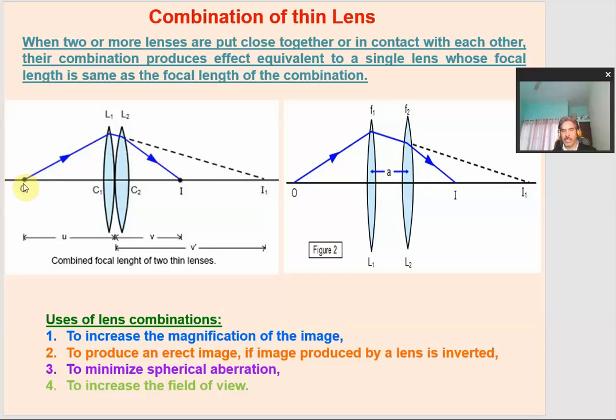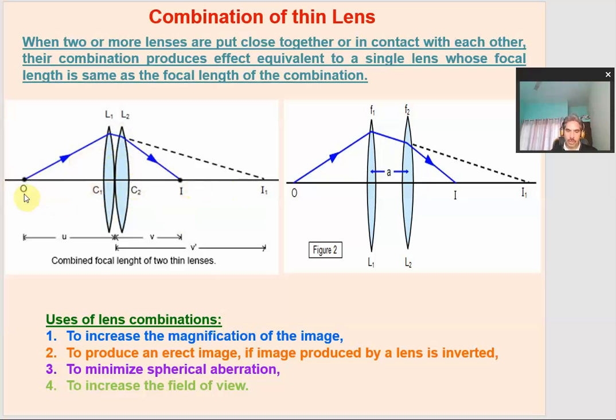We always place the lenses such that their principal axis is common, so that their optical centers are on the common principal axis. Such a combination is of very important use.